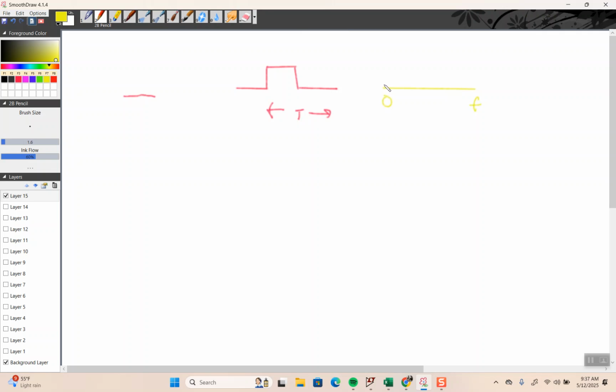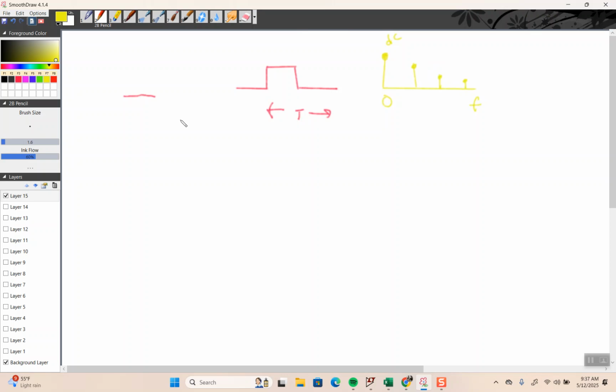Unlike a Bode plot, we can go at 0, right? So we have some kind of DC, and then we have harmonics, right?